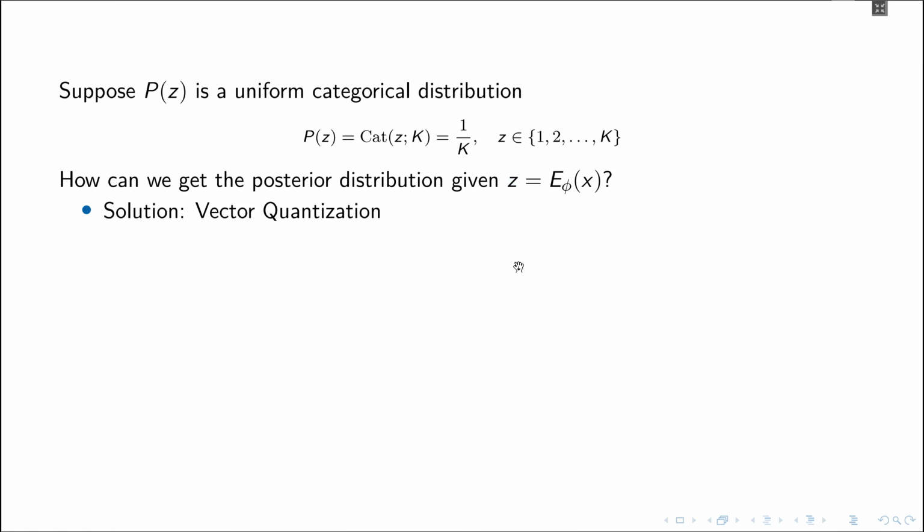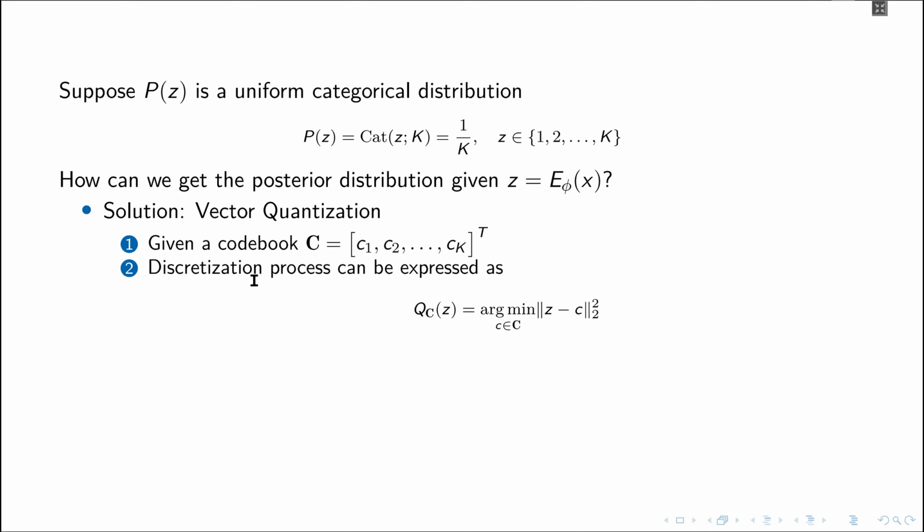The solution used in the original paper is quantization. Given a codebook with K codewords, the discretization process looks like this. The code that minimizes the quantization error is the selected code.